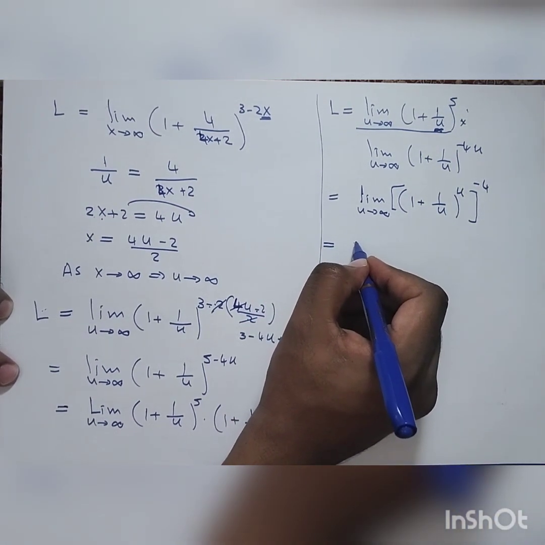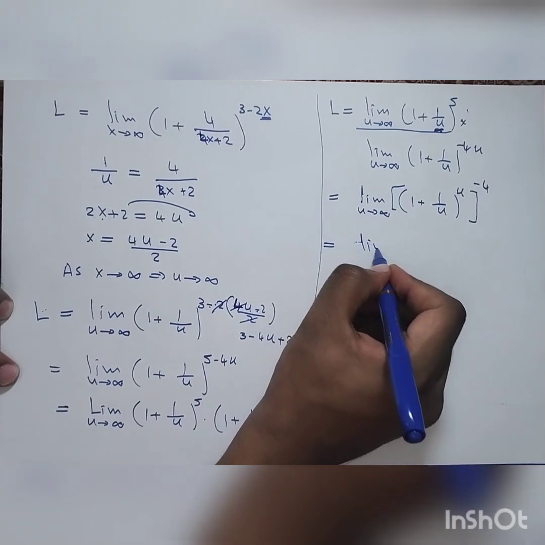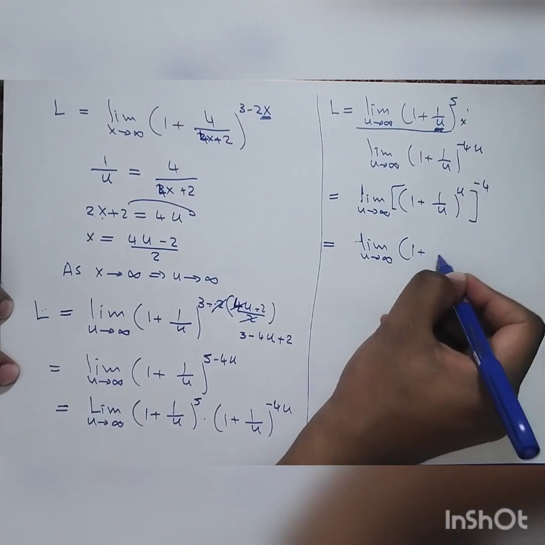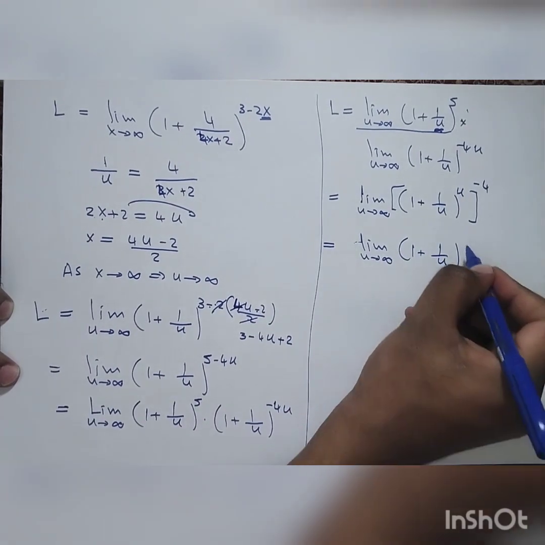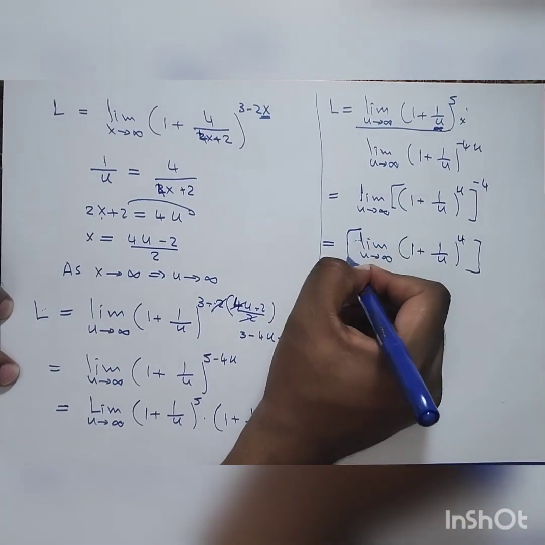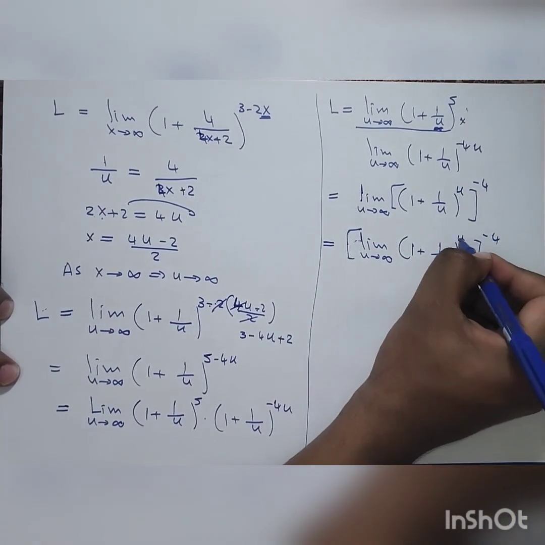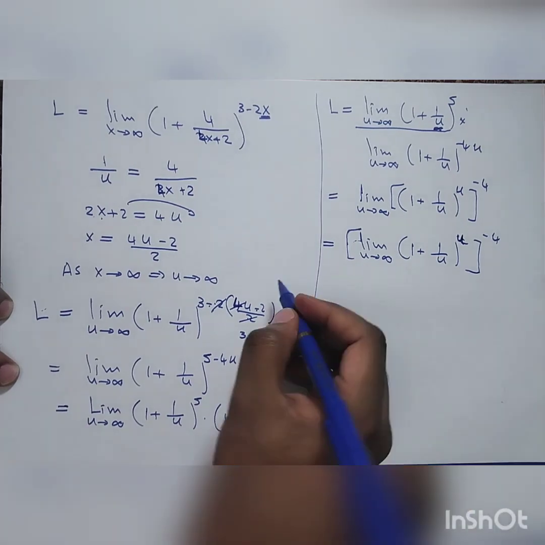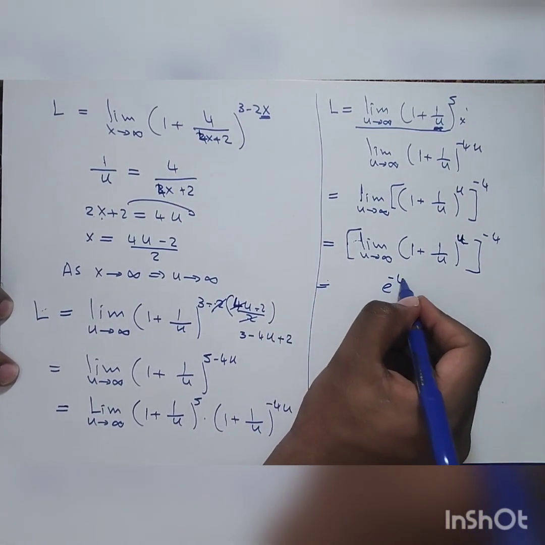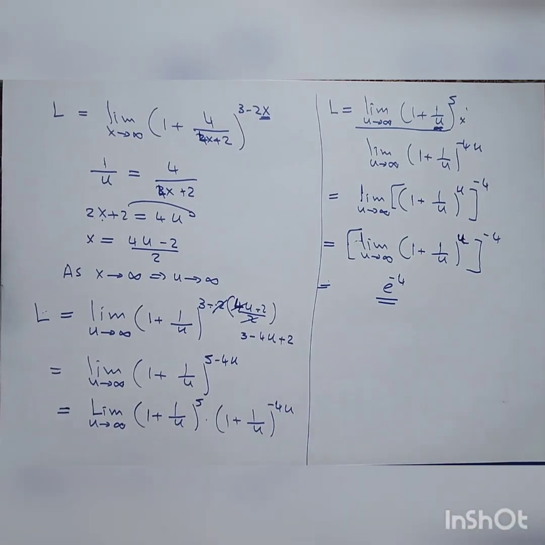So we have the limit as u approaches infinity of (1 plus 1 over u) to the power u, and then everything to the power negative 4. Cool, that is clear now. This is e, to the power negative 4. So this is our final answer, and thank you very much for watching the video.